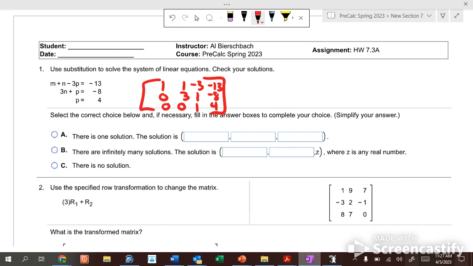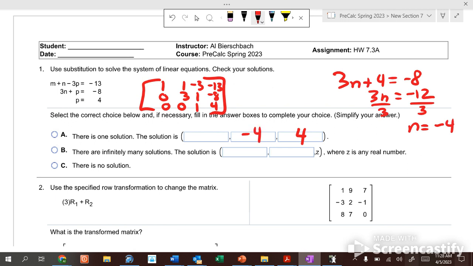I know P equals what? 4. P equals 4. Okay? If I plug that into my row above, if P is 4, 3n plus 4 equals negative 8. If I solve that, 3n equals negative 12, and divide by 3, what does n equal? Negative 4.